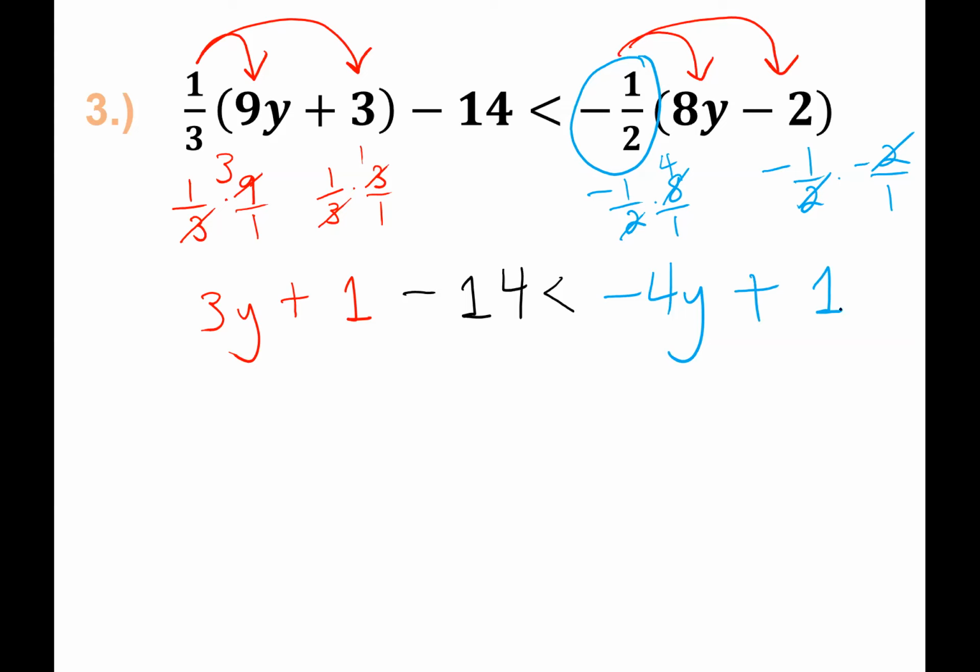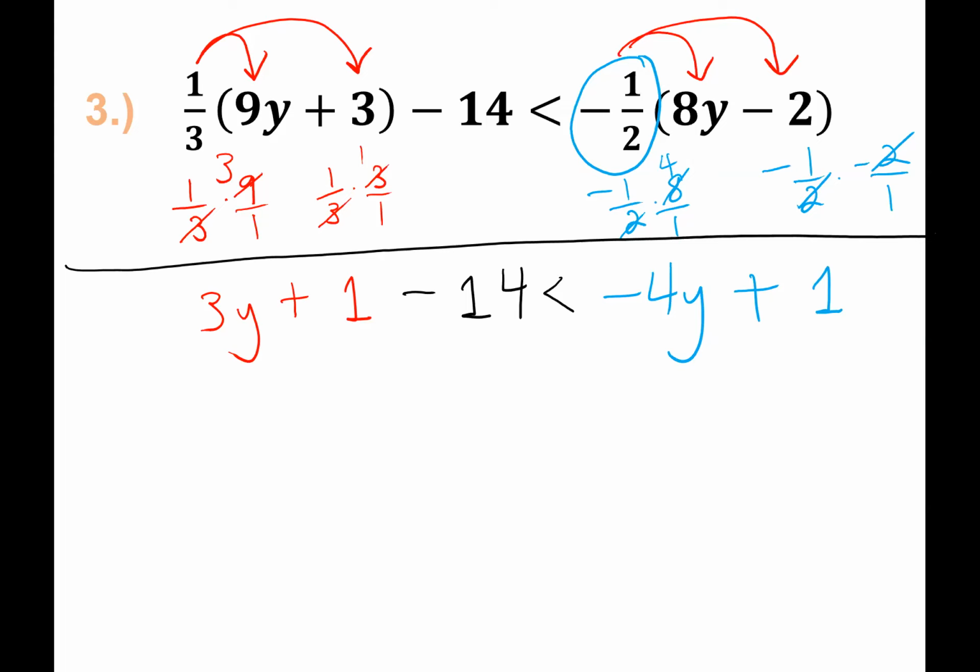Okay, I'm looking at my notes answer key that you may or may not be looking at. If you're not, that's fine. You're getting it here anyway. Looks like the next step I had done was adding 4y to both sides. However, I'm going to go a slightly different direction right now. I think we should combine like terms next. Now, the reality is you can do either of those things and we will end up at the same place at the end.